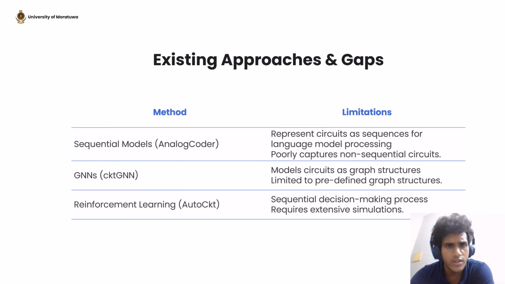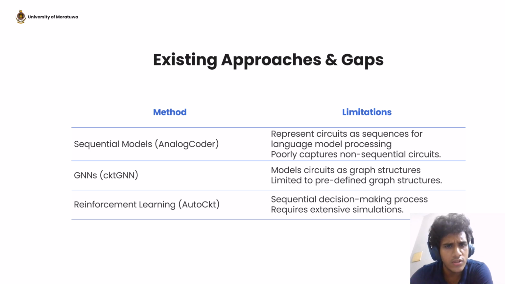So, what's been tried so far? Well, sequential models like AnalogCoder treat circuits like language. Great idea, but circuits are not linear, so they struggle. Graph neural networks, like CircuitGNN, get the graph structure, but they are limited by how much they are told in advance.